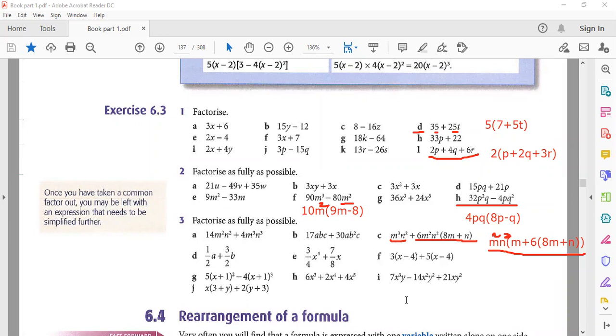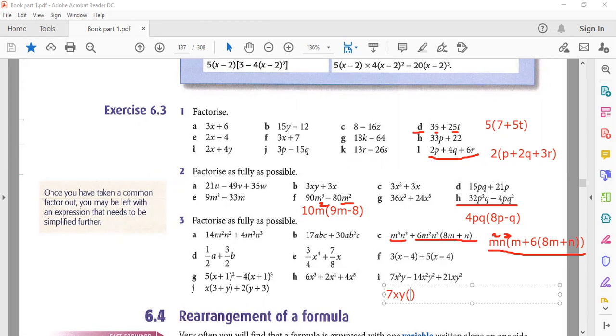Now part I: which thing is common? x cube y minus 14 x square y square, and 21 x y square. It means x and y is the main thing; the minimum is x and y. Which number is common? 7 is common, because 7 times 1 is 7, 7 times 2 is 14, 7 times 3 is 21. So I take common 7xy, then bracket.